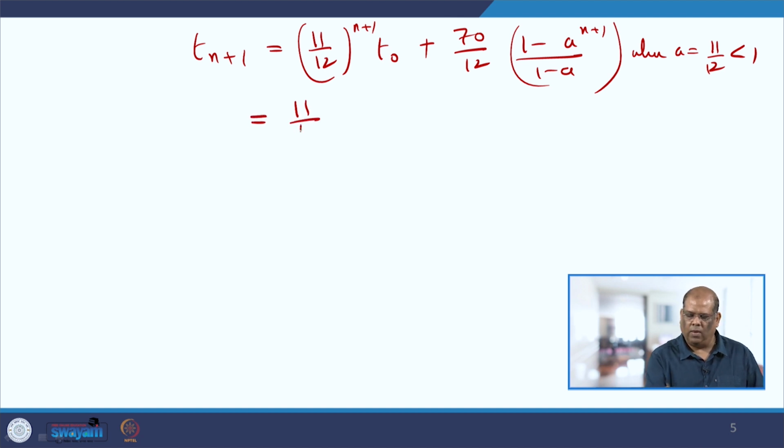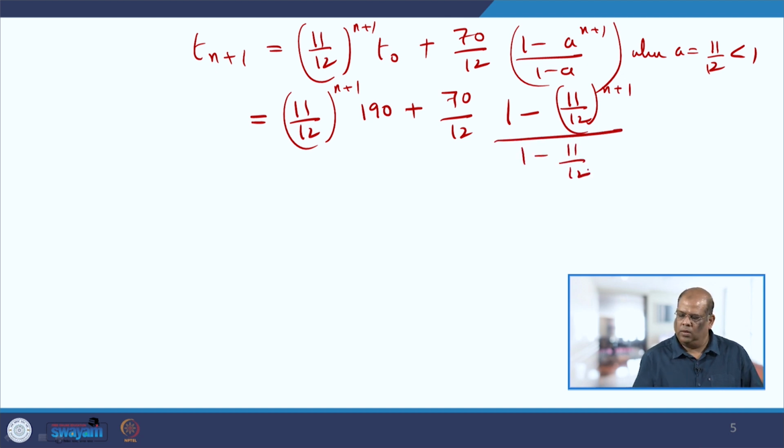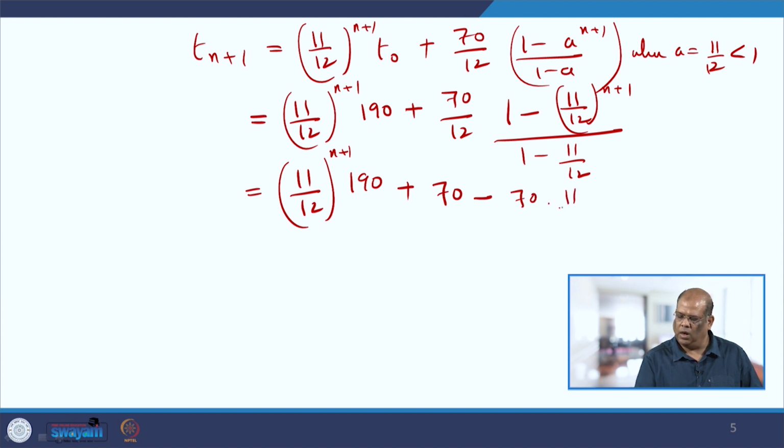So, this (11/12) to the power n plus 1 into T_0 was 190 degree Fahrenheit plus 70 by 12 into (1 minus (11/12) to the power n plus 1) divided by (1 minus 11 by 12). So, if you simplify this, this is (11/12) to the power n plus 1 into 190 plus, this is 1 by 12, so 70 minus 70 times (11/12) to the power n plus 1.